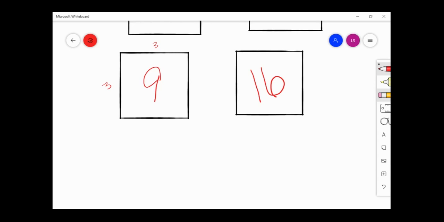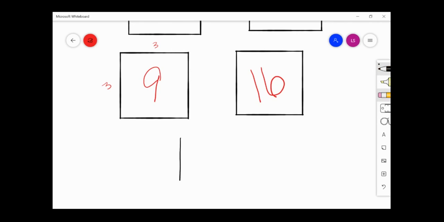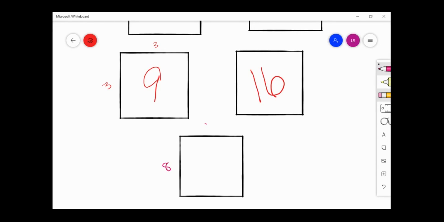What's another perfect square? Let's think big. I'm going to make a square, right? And let's say I'm just going to randomly choose some numbers. How about eights? So if I had an 8 by 8, what would be inside the square?